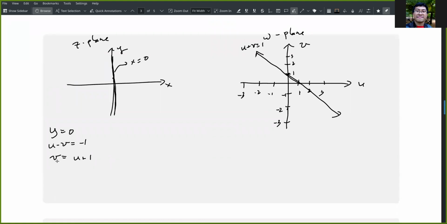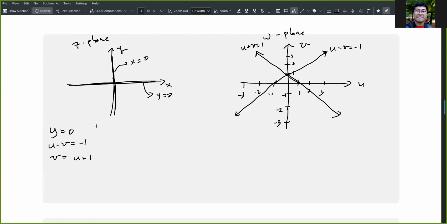So when v is 0, u is -1. So the line would look like this. Okay, so that is for this axis here. For y equals 0, it would look like this. So this is our u minus v equals -1.